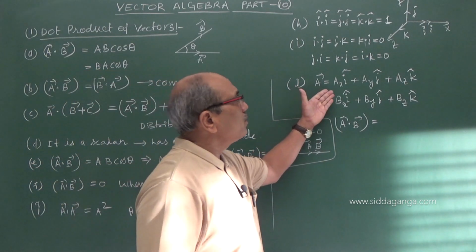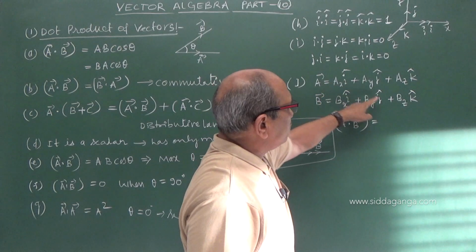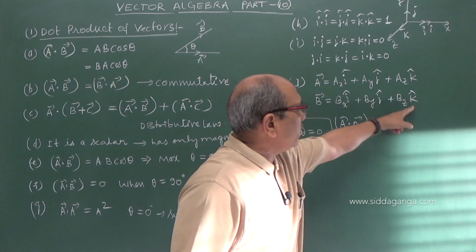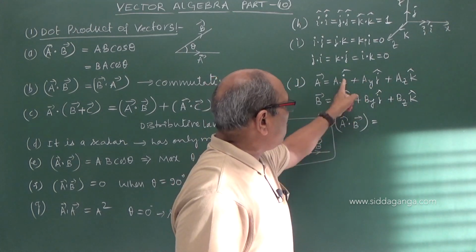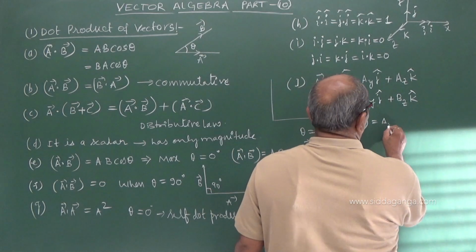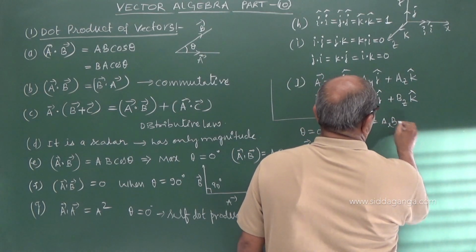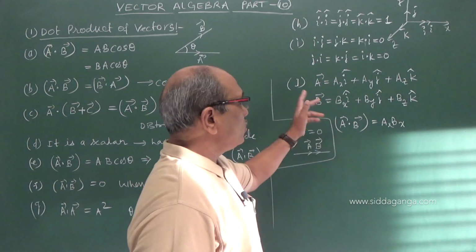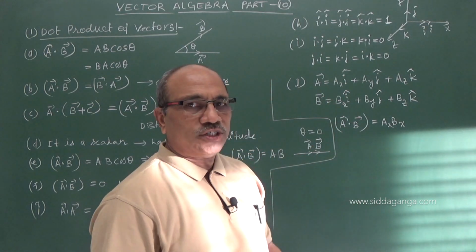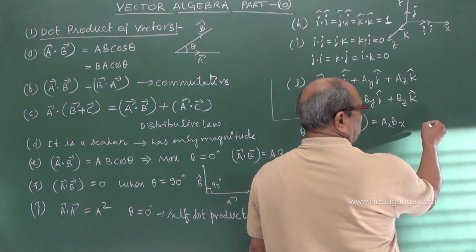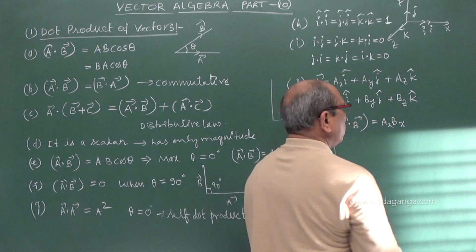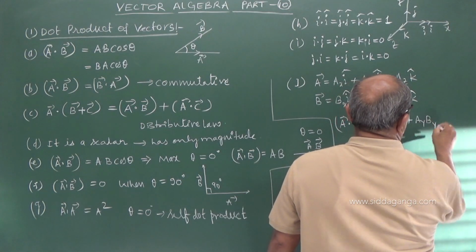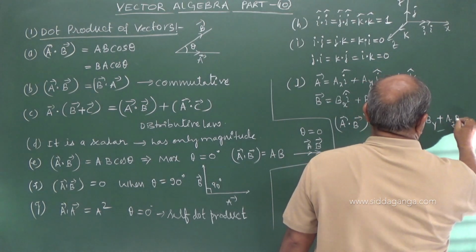Now you see that only i with i exists; i dot j and i dot k vanish. What I can write here is Ax into Bx, because the angle between i and i is 0 and cos 0 is 1. Here I am not writing cos 0. Similarly, plus Ay into By plus Az into Bz.